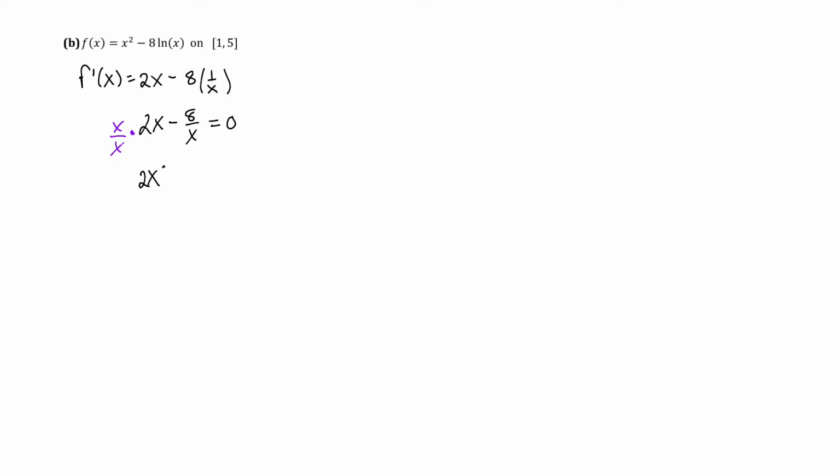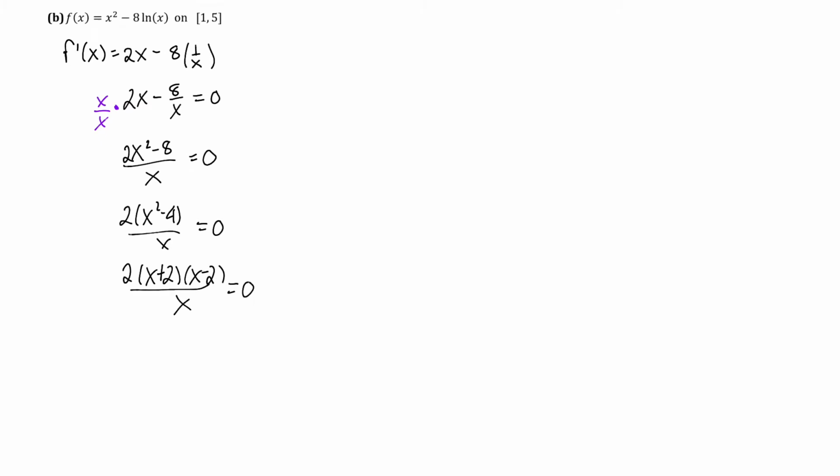So you'd have 2x squared minus 8 over x equal to 0. Factor out a 2, we have x squared minus 4 over x equal to 0. x plus 2, x minus 2, all over x equal to 0.